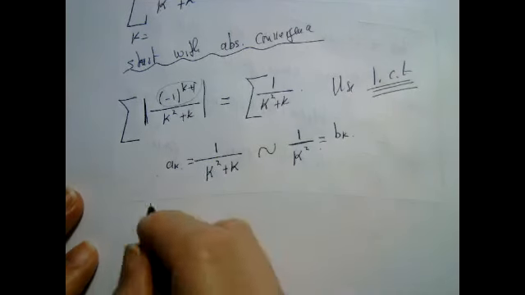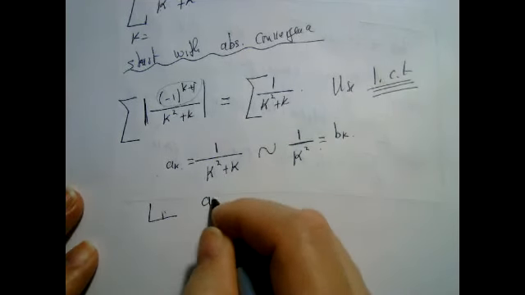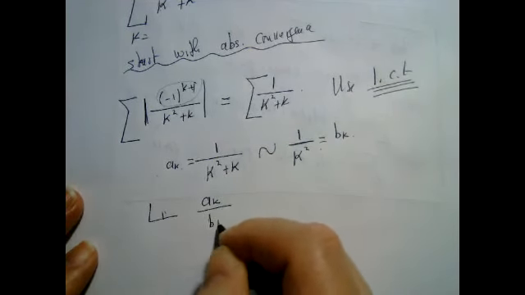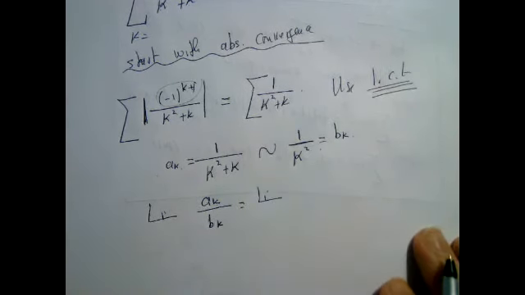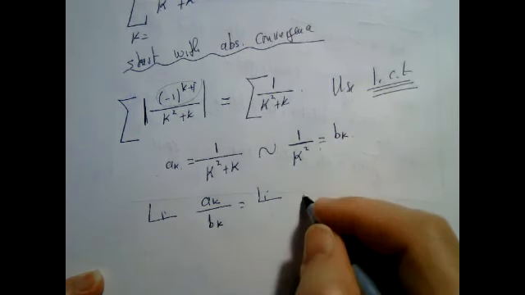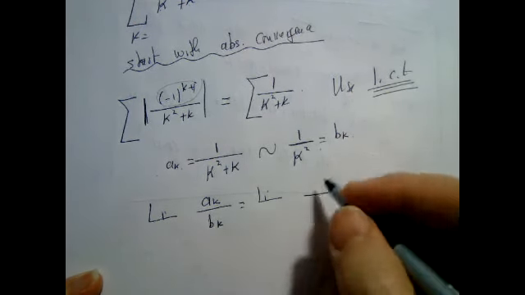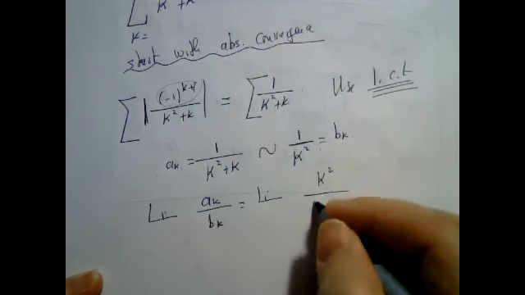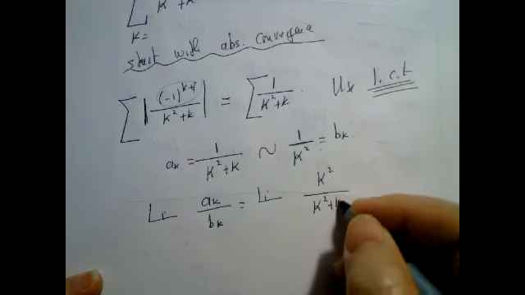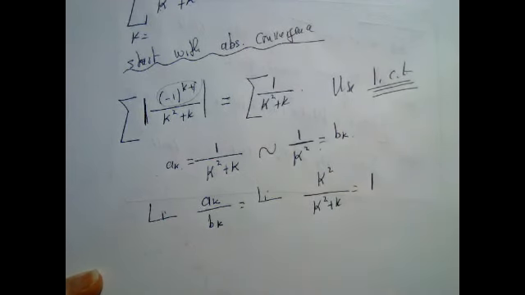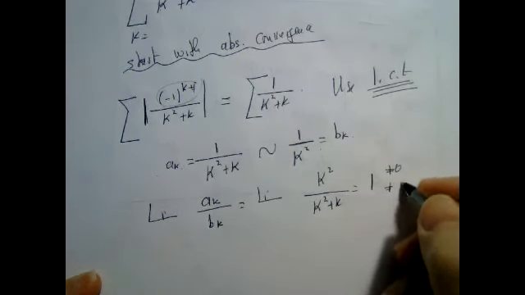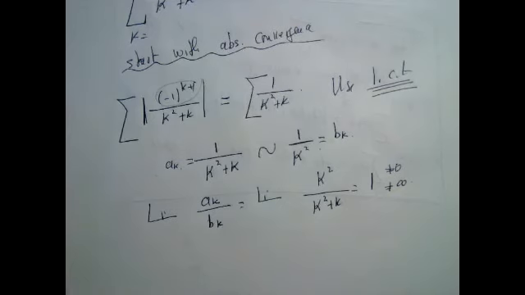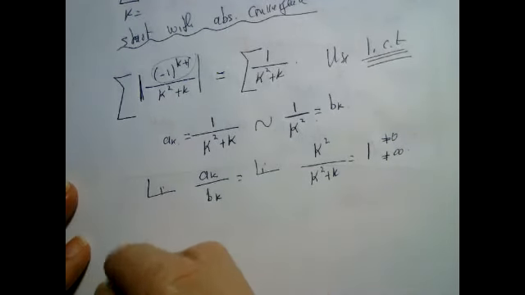Now I compute the limit of a_k over b_k. Of course, we have to pull from things we know, otherwise I cannot proceed. So this is going to give me k squared over k squared plus k, which is equal to 1. This is not 0 and not infinity, so the limit comparison test is applicable.